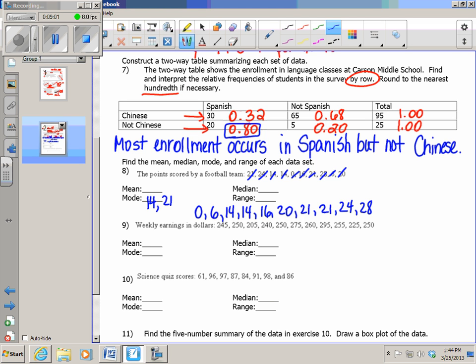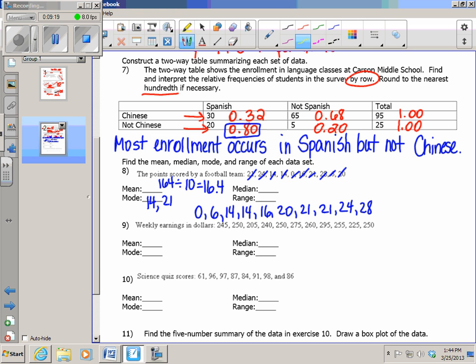I get a total of 164, and I divide by how many there are. I divide by 10. So I get a mean of 16.4. That's the average point scored by the football team.